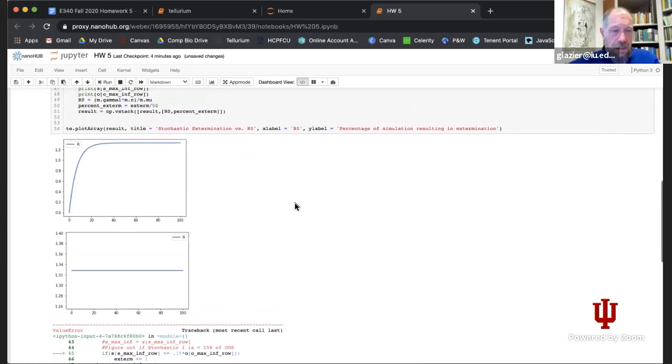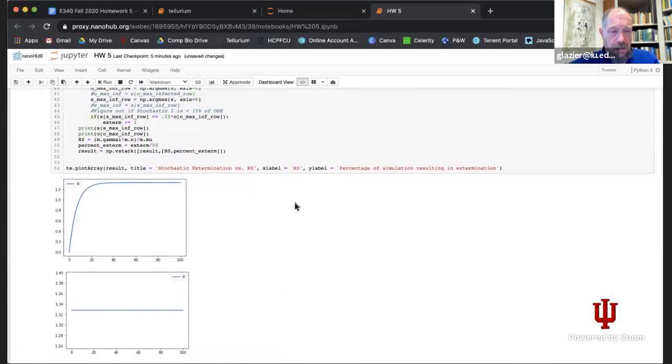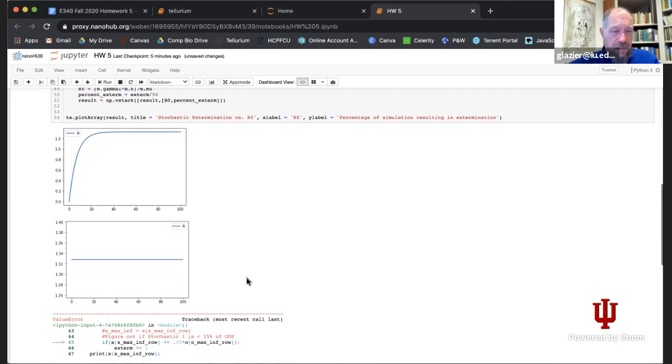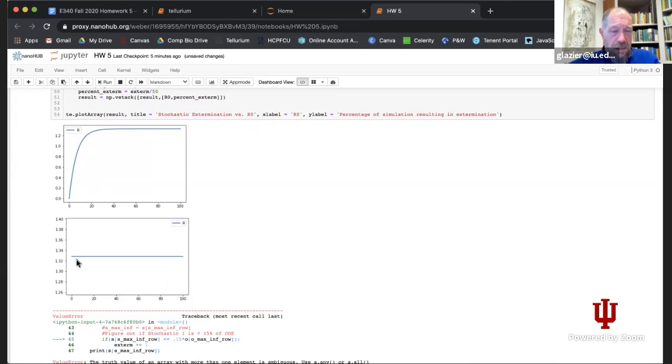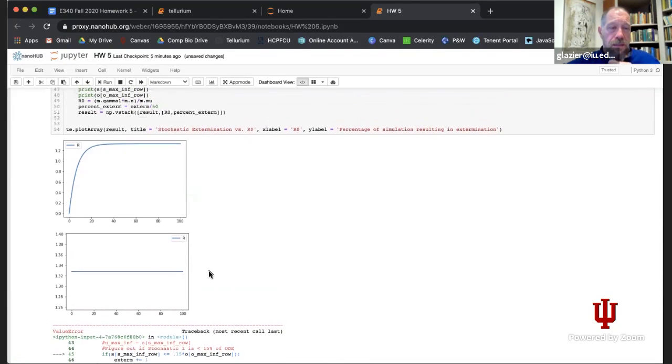So there, okay, so R is doing recovered, that's all right. And the second one is giving us a constant. So you're not getting any infections in the second one. I think we'll have to look into that a little bit more to see what's going on.